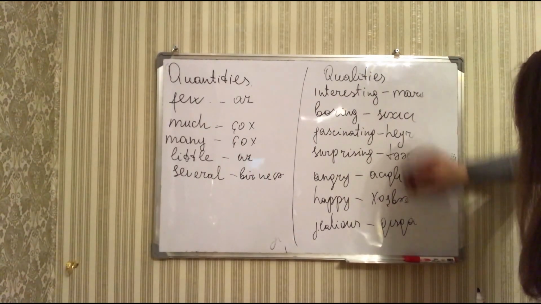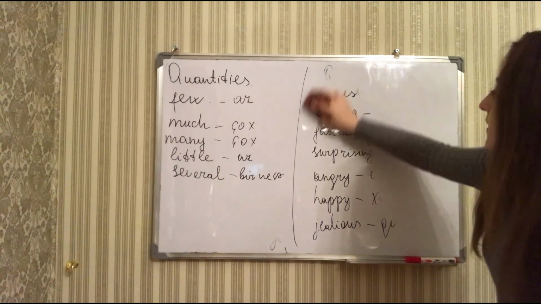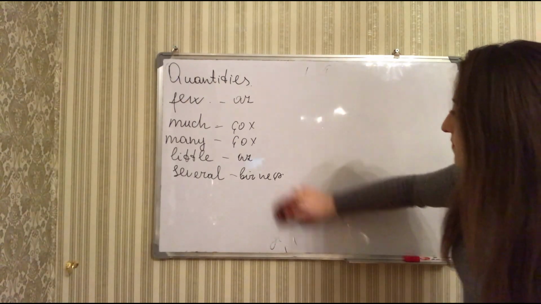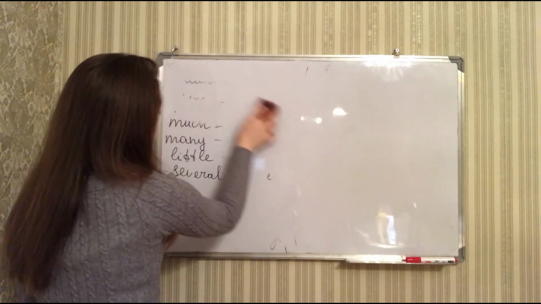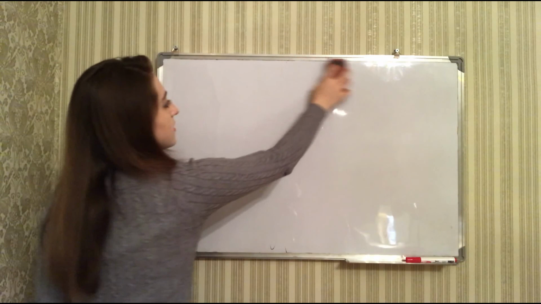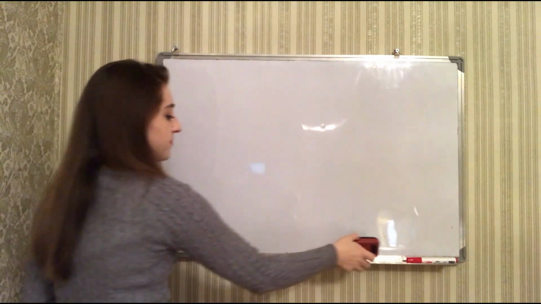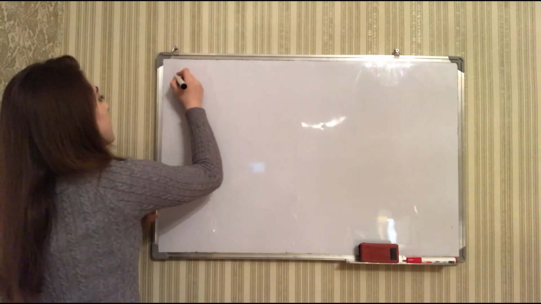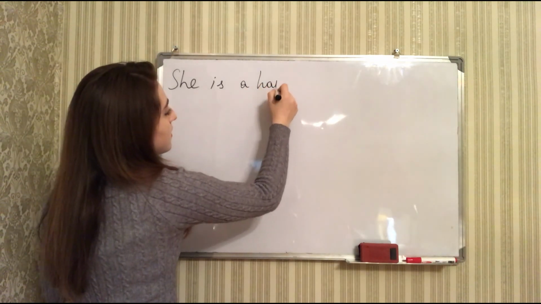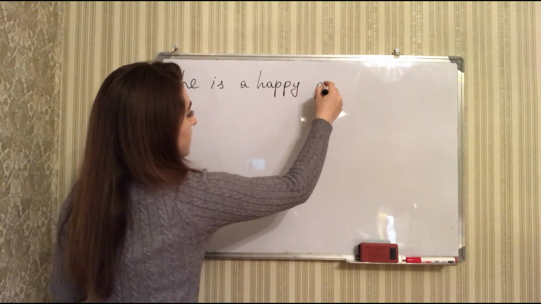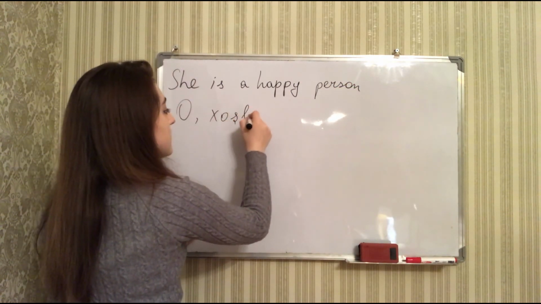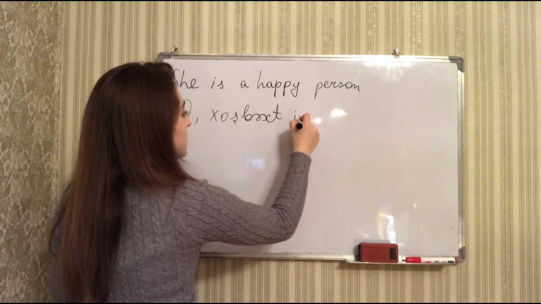Okay. And now we can write some sentences about classification of adjectives. And as we said, our adjectives will connect to nouns. For example, she is a happy person. O xoşbəxt insandır.